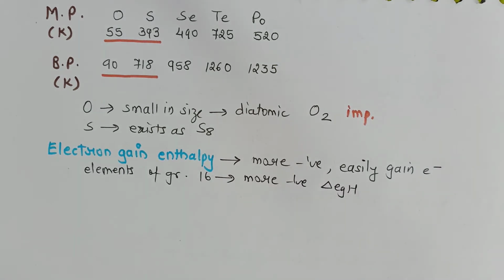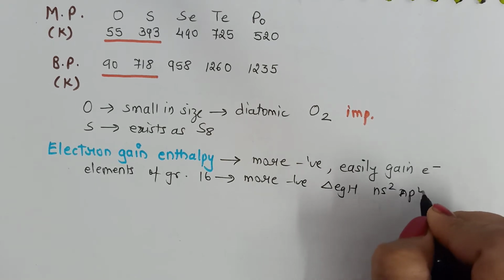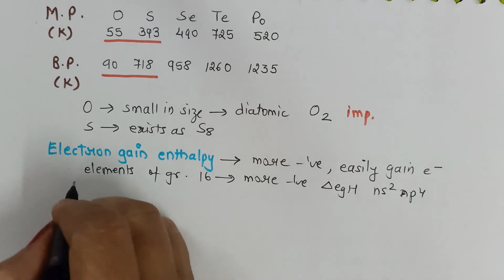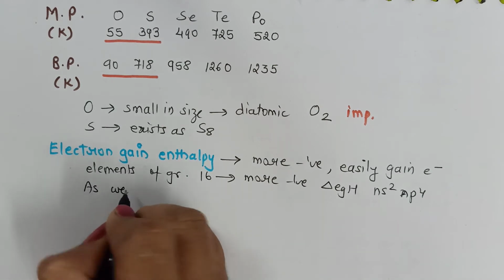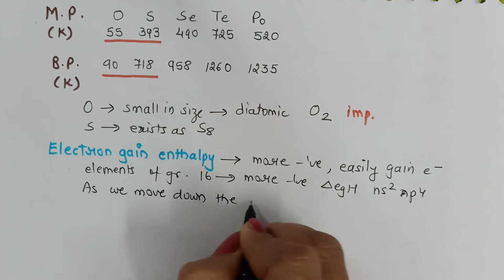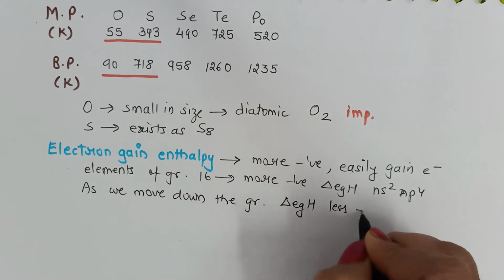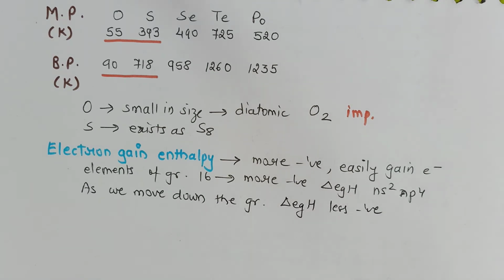That means they will easily accept the electrons because of its configuration ns2np4. But as we move down the group, then electron gain enthalpy becomes less negative, or in other words, I will say the metallic character increases.